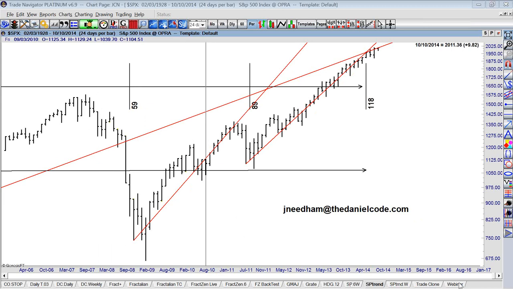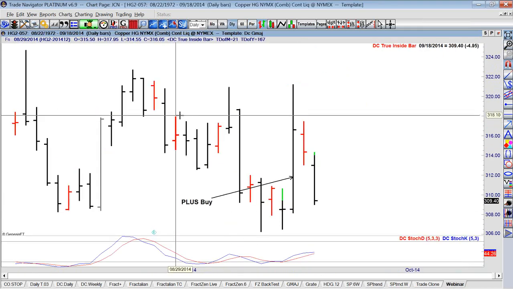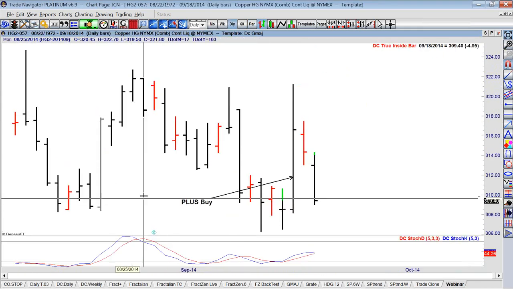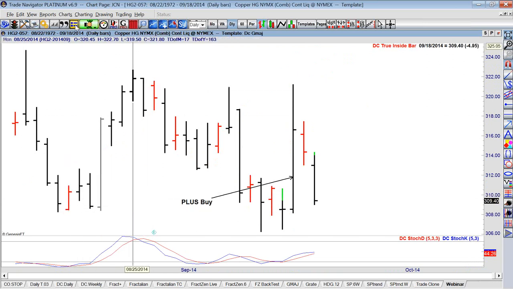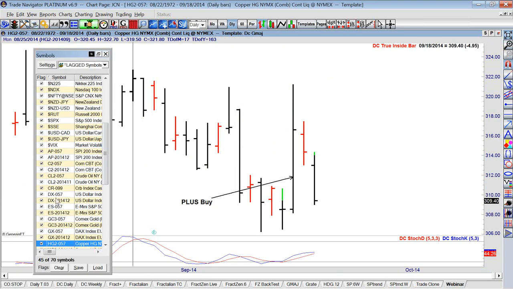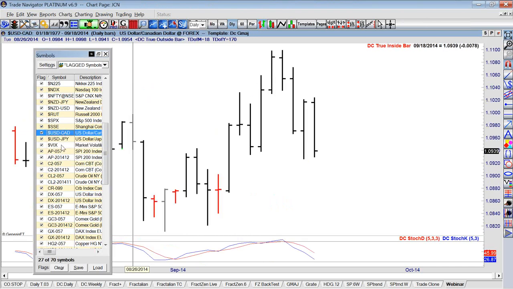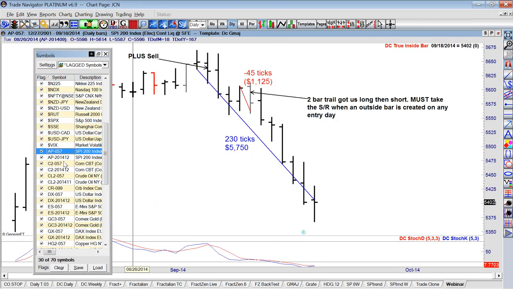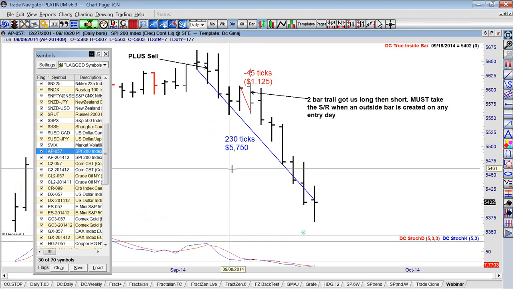And let me see if I can show you an example of that that's a bit more complex than most. I'm really looking for an outside bar that follows an inside bar. Be pot luck if we can find one. Let's have a look. I'm just randomly flicking here. See if I can find you an outside bar. Oh, here's this Aussie SPY, the share price index trade we talked about last week.